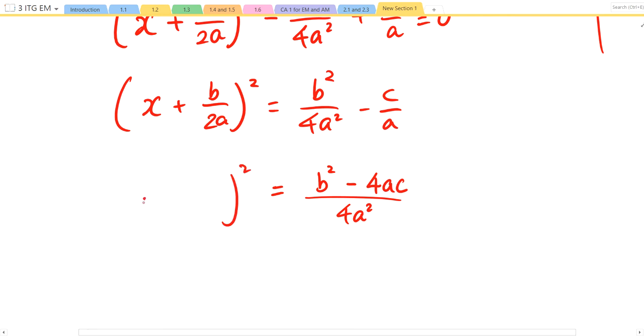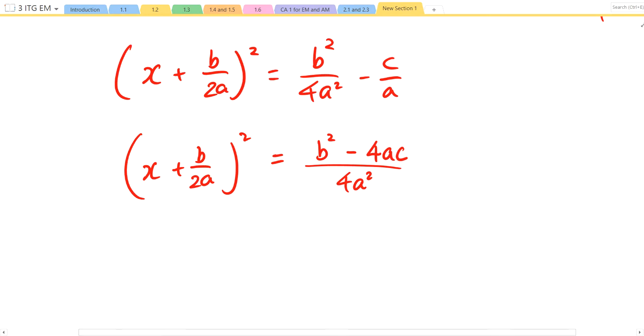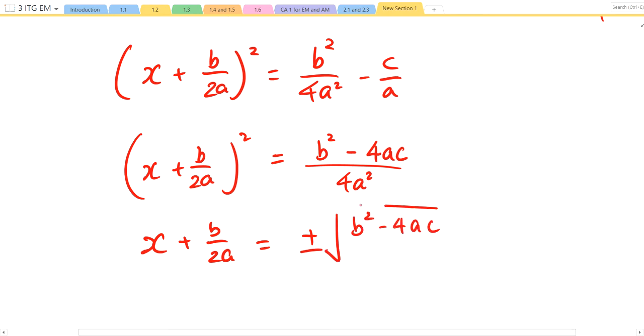So I've got a square term over here. Remember, your goal is to still solve for x. So what should I do next? Square root. Okay, square root both sides. X plus B over 2A equals plus minus the square root of B squared minus 4AC over 4A squared. Agree with this so far?